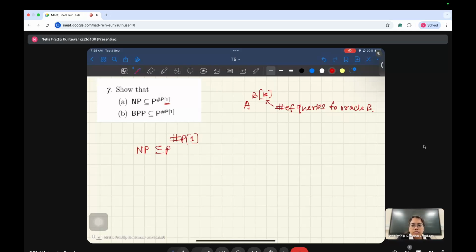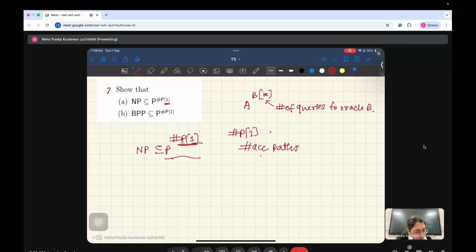Okay, so how do we show that? Well, what we simply do is that we're going to invoke our sharp P oracle, and that will tell us the total number of accepting paths in one query.